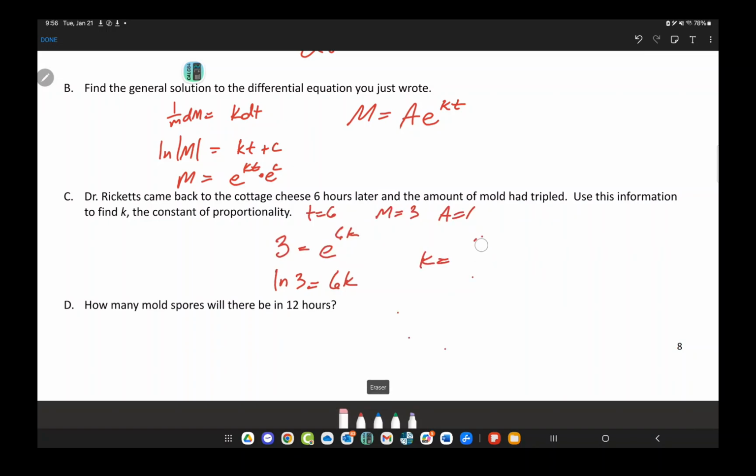Oh my gosh, that's not that complex, is it? I mean, no, but let's actually write it: natural log of 3 over 6.